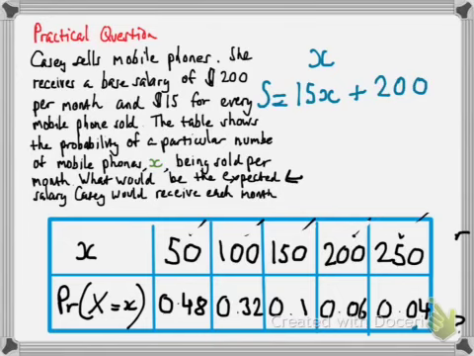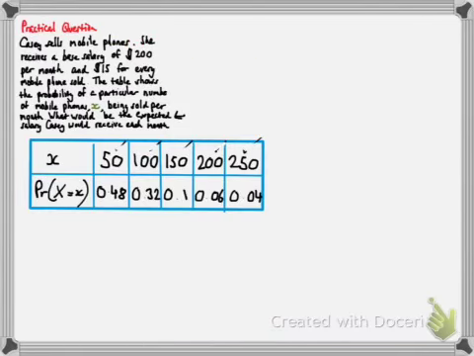Now we have to find the expected salary received each month based on these probabilities. We're not looking for the expected value of X this time, not the expected number of mobile phones. We're looking for the expected salary connected to selling those phones.